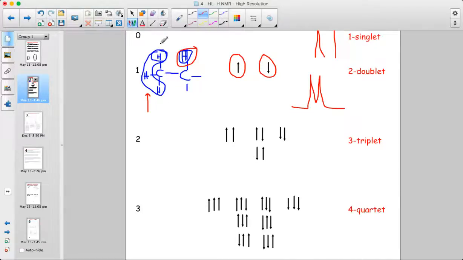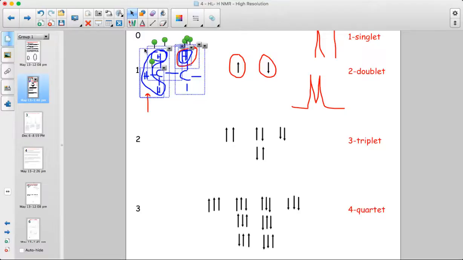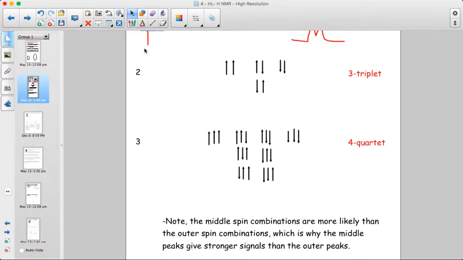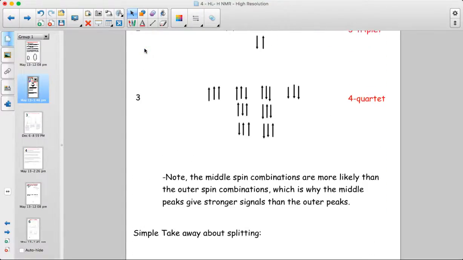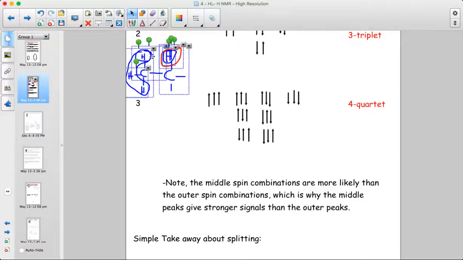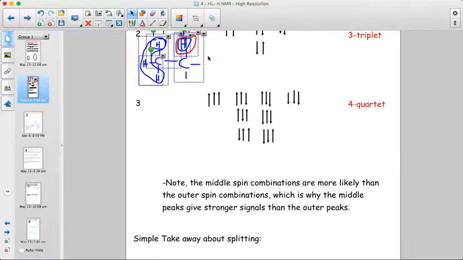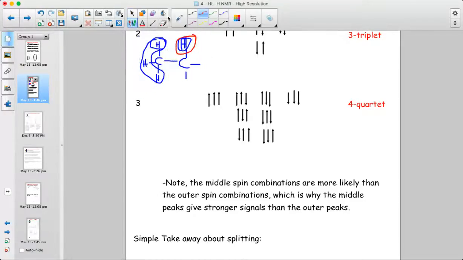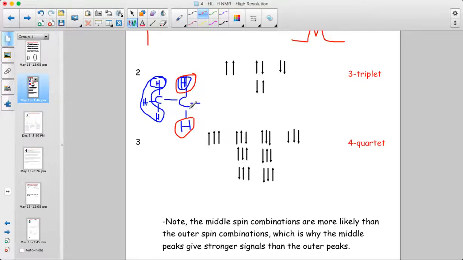All right, now same example, same idea, but now let's copy this and move it down here. Now, instead of being next to one neighboring carbon atom, we're going to be next to two neighboring carbon atoms. The neighboring carbon atoms I'm talking about are these two right here.